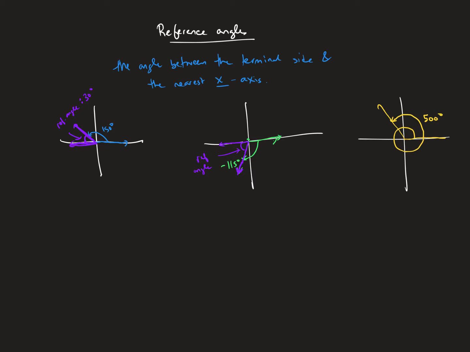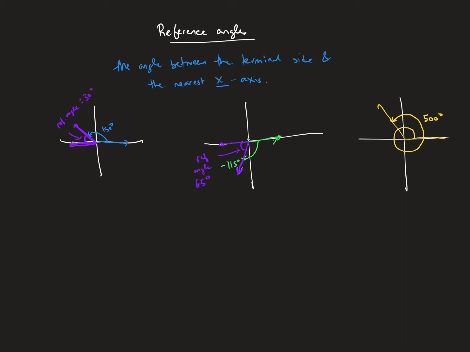By the way, I'm taking the negative off of it because that just indicates a direction. So the 115 and the reference angle together make 180 degrees, so my reference angle here is going to be 180 minus 115, which is 65.